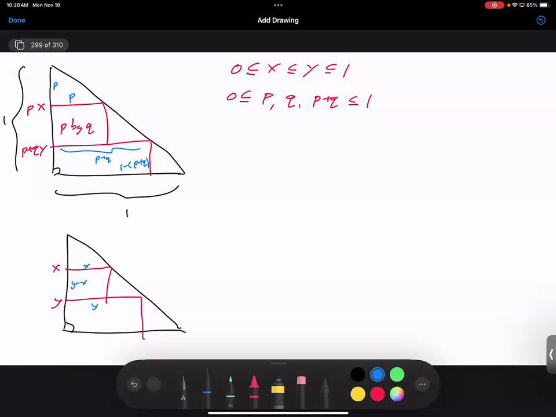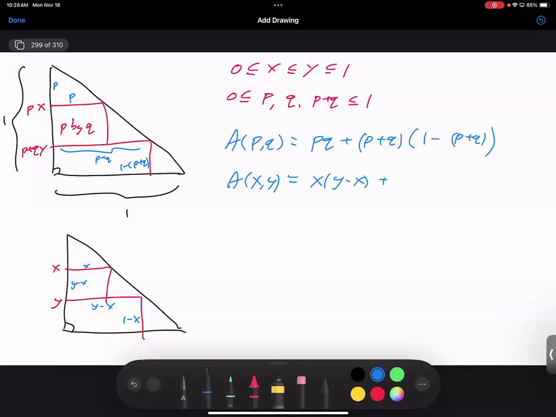And then this would be Y minus X, and this would be 1 minus X. So here, we would get the area as a function of P and Q would be, I think, PQ plus P plus Q times 1 minus P plus Q. And here we would get area as a function of x and y would be x times y minus x plus y minus x times 1 minus x.